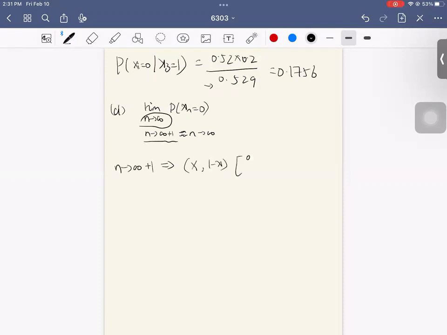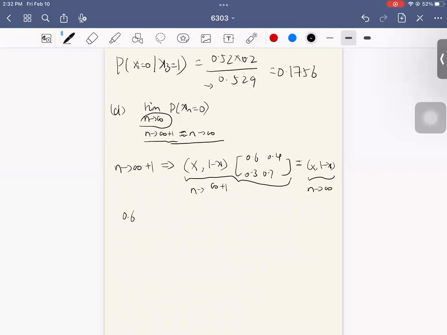So this one represents when n approaches infinity plus 1, and this is the probability when n approaches infinity. Here we can approximate them as similar, so we can get this equation.